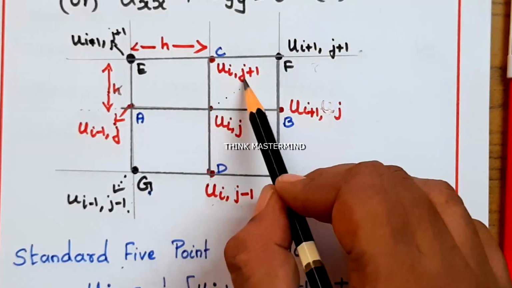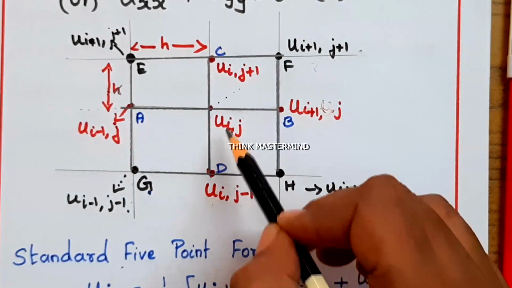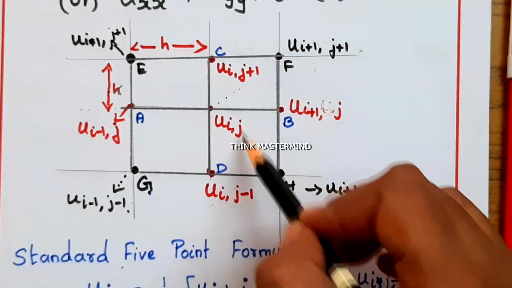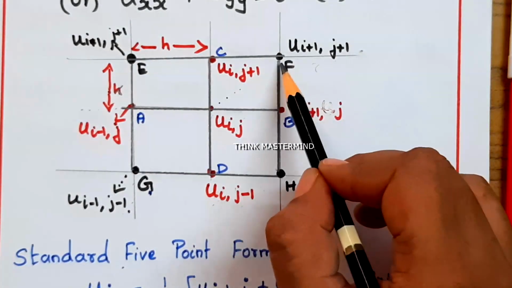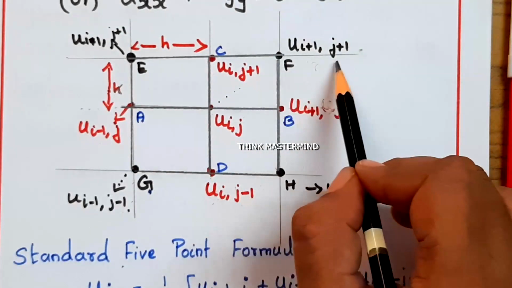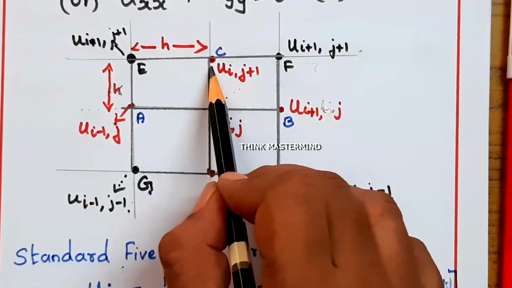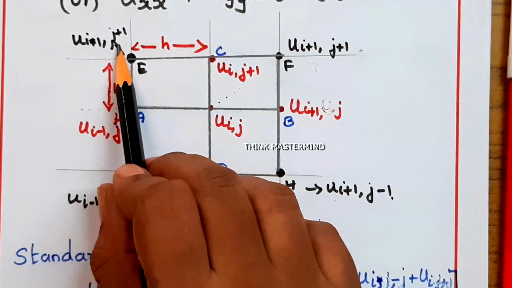So it is u(i, j plus 1). Throughout the vertical line, x takes the value i, and j is j minus 1, j, and j plus 1. Similarly, the right hand side of u(i, j plus 1) is u(i plus 1, j plus 1), and the left hand side is u(i minus 1, j plus 1).